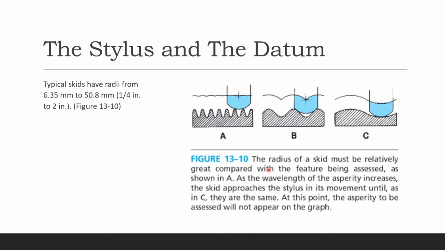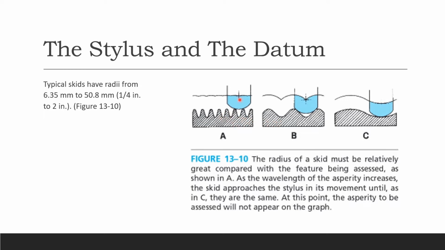So here in this picture, you can see the radius of a skid must be relatively great compared with the feature being assessed, okay. Here is the other feature, and here these are your skids. As the wavelength of the asperity increases, and asperity is nothing but the little dents, the roughness on the surface, these are very exaggerated pictures.